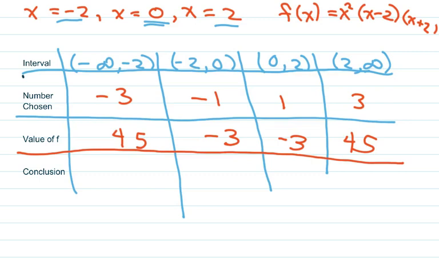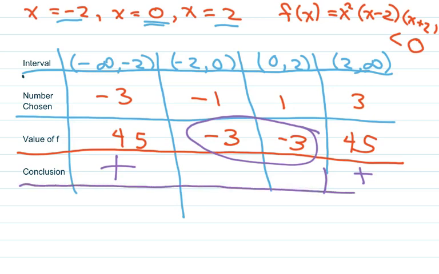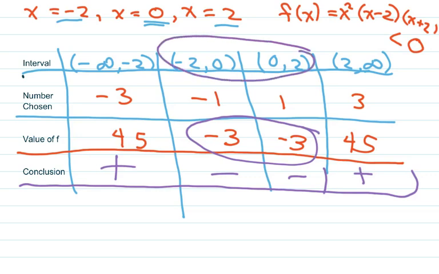And we want values that are negative. And the only two we have negative are right in here. Because this is positive, positive, and these both are negative. So I'm taking these intervals here.